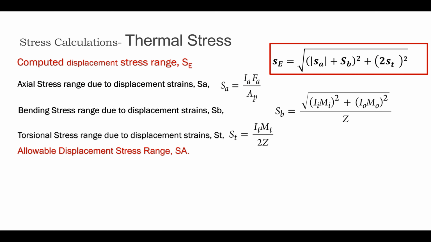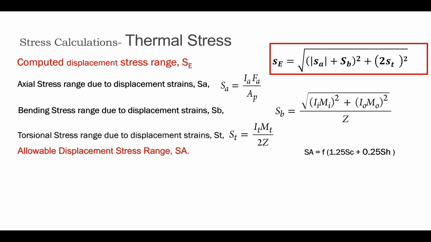The allowable displacement stress range SA can be calculated through this formula. SA is equal to F into 1.25 SC plus 0.25 SH, where F is the stress range factor or cyclic stress reduction factor. It is also known as FM, the maximum value of the stress range factor, which is 1.2, or otherwise we can take it as 1.